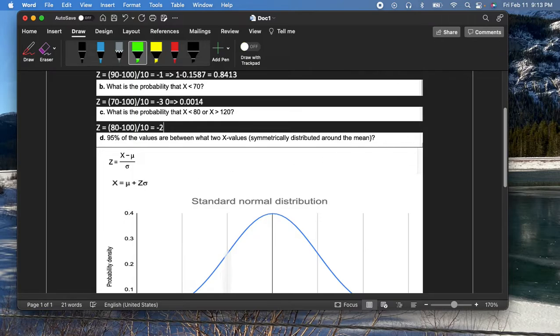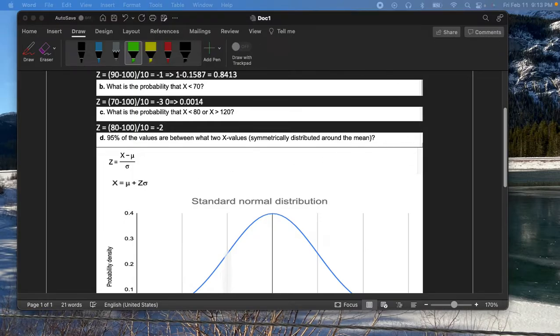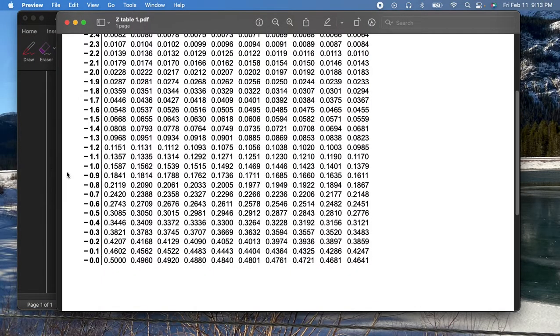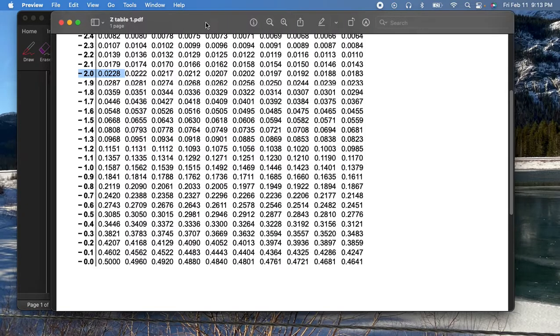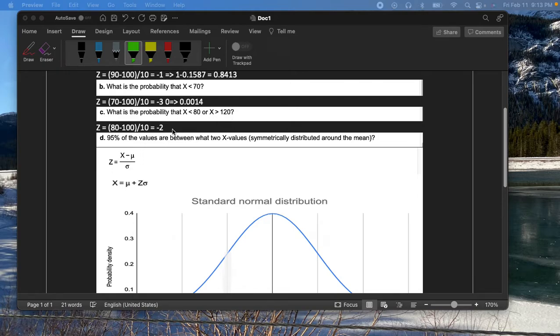So let's pull up our Z table again and find the -2, and it's 0.0228 right over here.